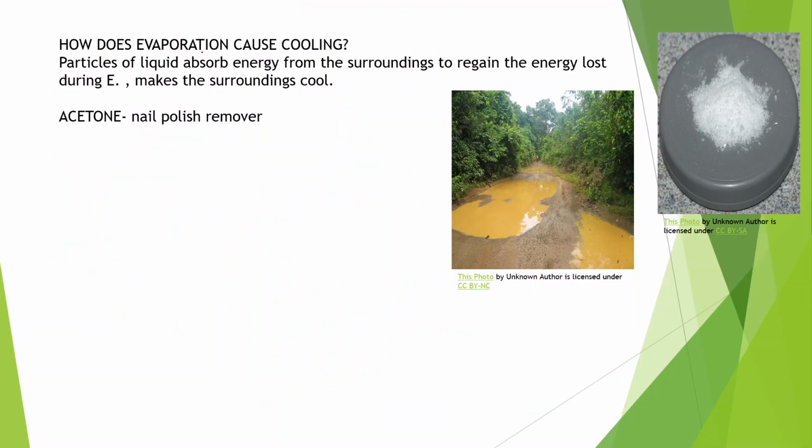The next question is, how does evaporation cause cooling? Evaporation causes a cooling effect. The best example is that in summer we use cotton clothes, and this is also a question, why we wear cotton clothes in summer.